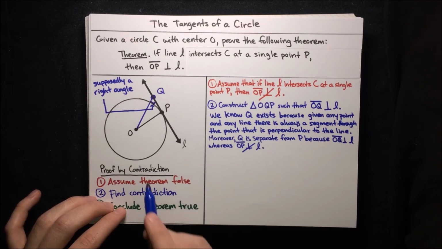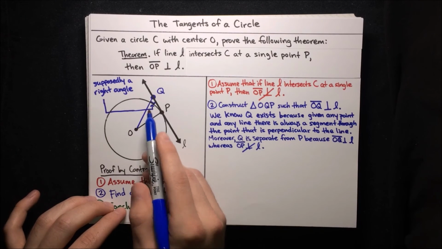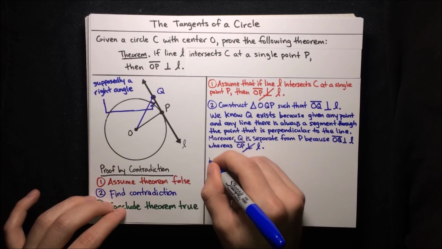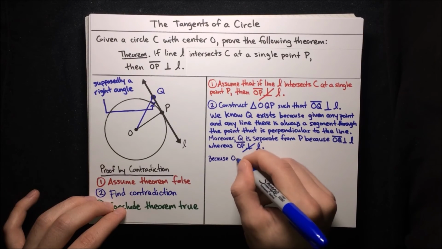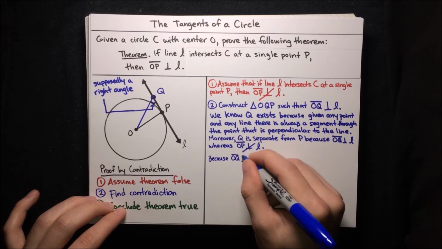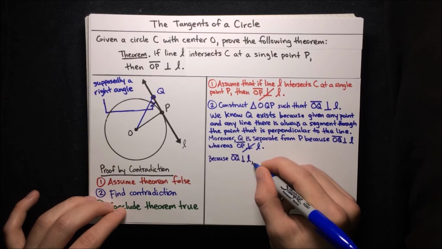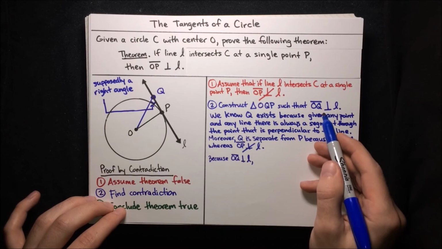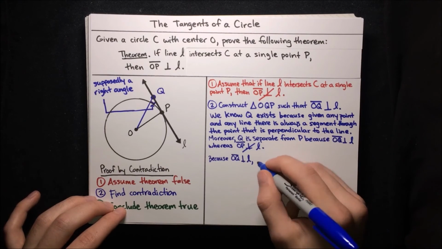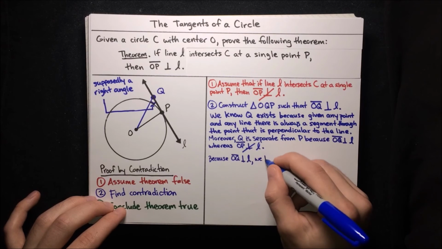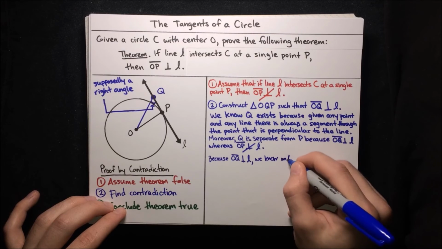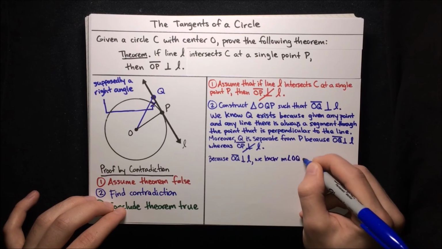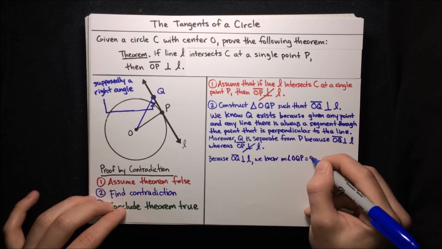Okay, so let's go ahead and write all this down. First of all, we want to state that this is supposedly a right angle. So we're going to say that because segment OQ is perpendicular to L, that's just what we assumed when we constructed this triangle OQP. Because of that, we know that the measure of angle OQP is equal to 90 degrees.